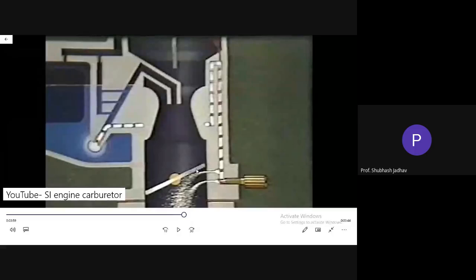But when we started slowly opening the throttle by pushing the accelerator pedal, suction is now acting here also, and through this also the fuel starts coming out. So the fuel is coming through both these jets, and both are called idling jets. This is a primary and this is a secondary idling jet.